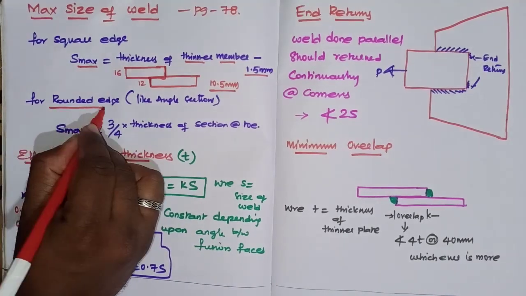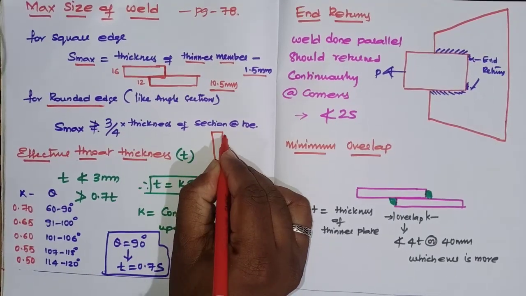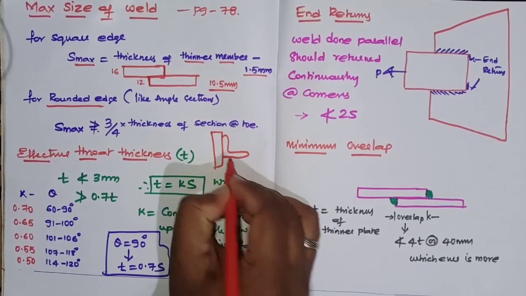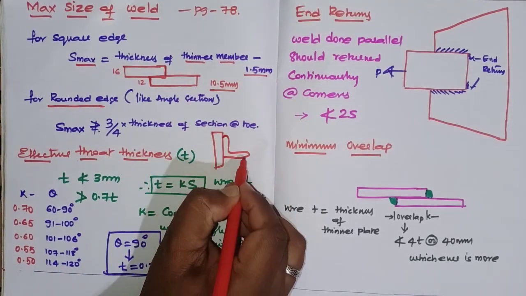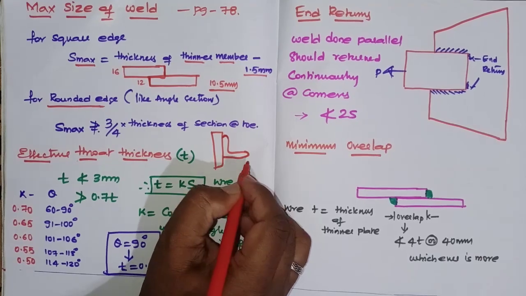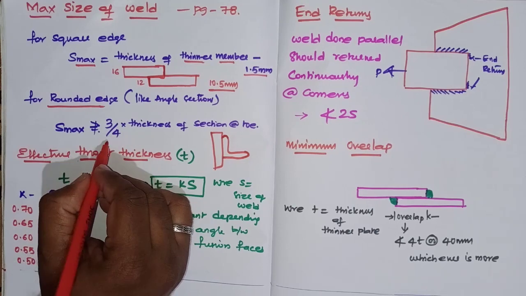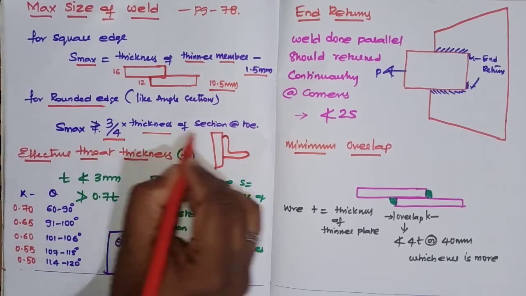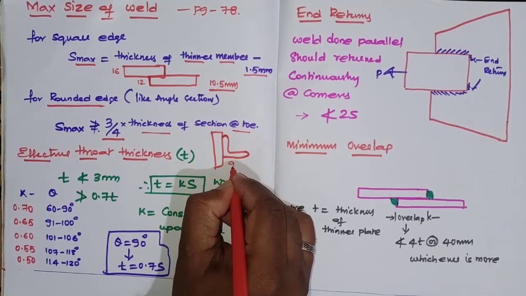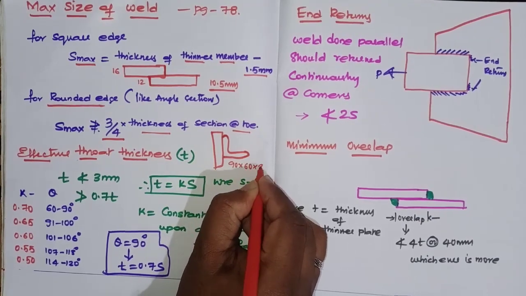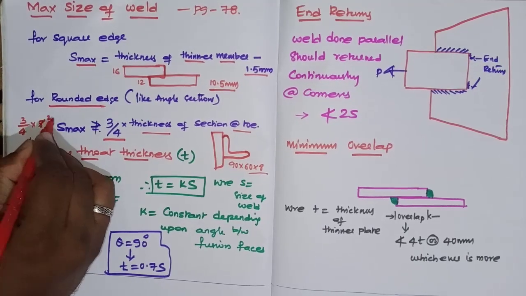Next, for a rounded edge: if a gusset plate is there and I am connecting an angle section to it, the rounded toe will be there. In those situations, the maximum size of the weld should not be greater than 3/4 of the thickness of the section at the toe. For example, for 90 by 60 by 8 mm, 3/4 into 8 is 6.